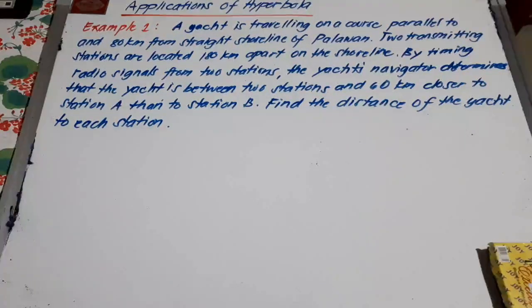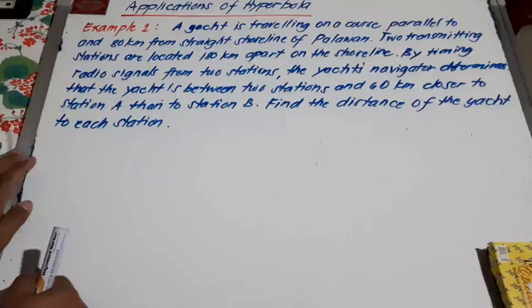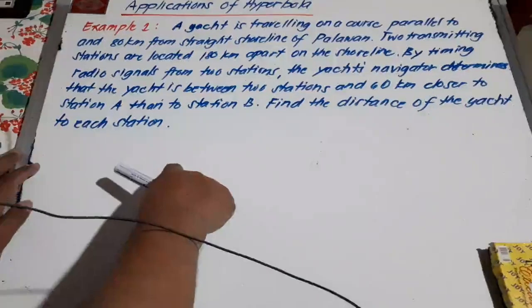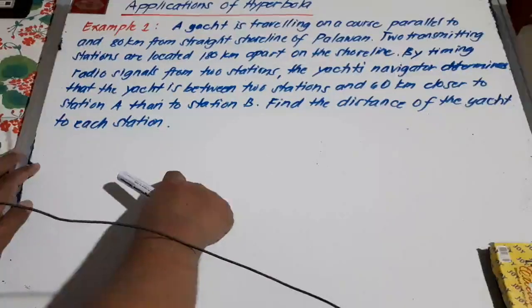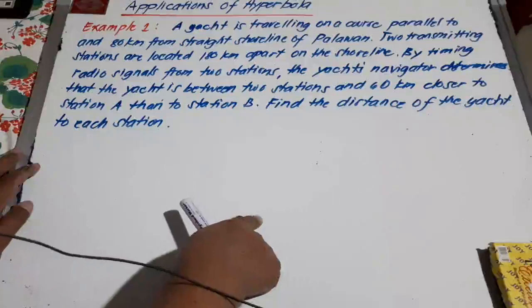So, para maintindihan natin mabuti yung problem, first is we have to illustrate the situation. Okay? So, meron tayong yate, ta-travel siya parallel to and 80 kilometers from the straight shoreline of Palawan. So, ibig sabihin, ang vertical distance niya from the shoreline is 80 kilometers.